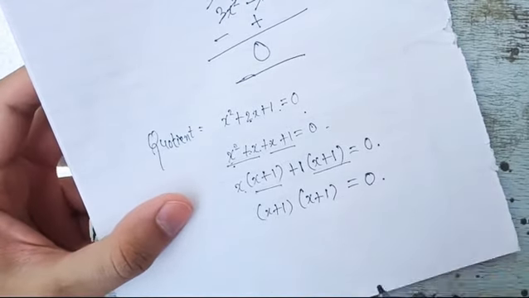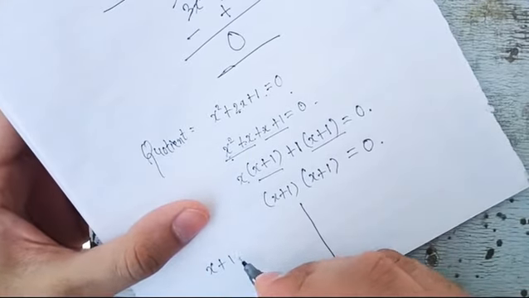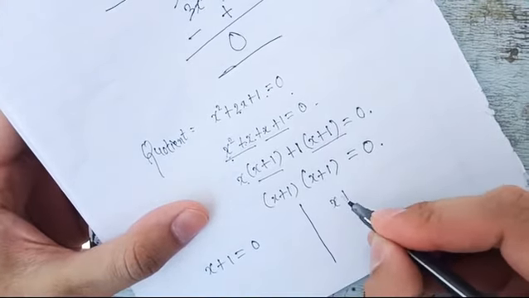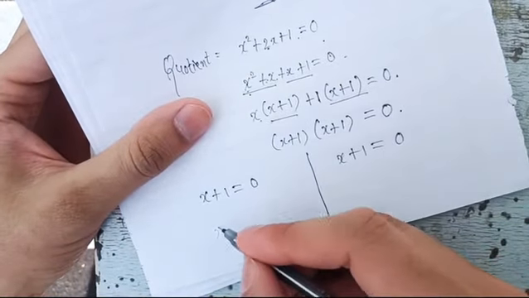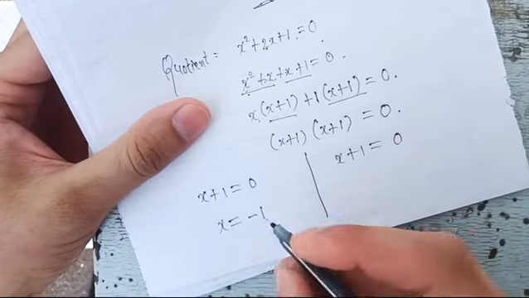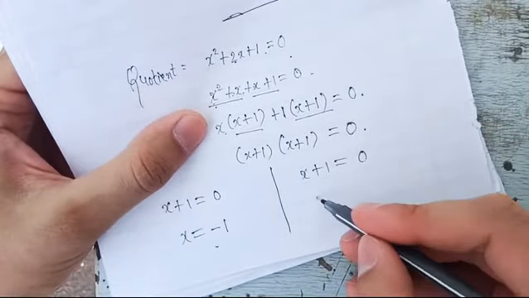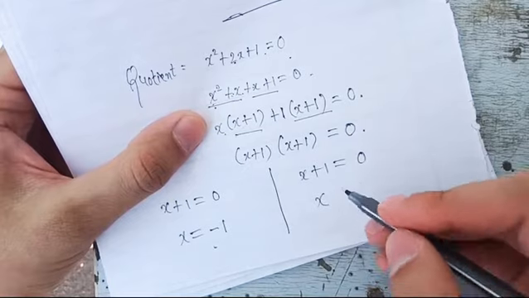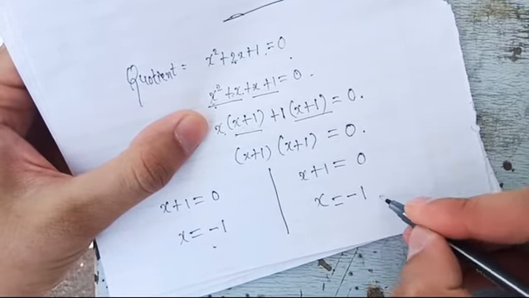So equating it one by one, x plus 1 is equal to 0, here also x plus 1 equal to 0. So you will obtain x is equal to minus 1, since plus 1 will go to the right hand side and it will become negative. Here also 1 will go to the right hand side and become negative. You will get x is equal to minus 1.